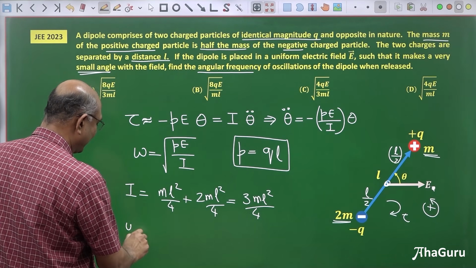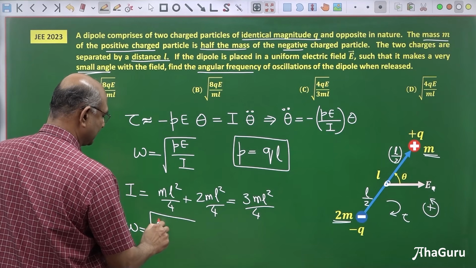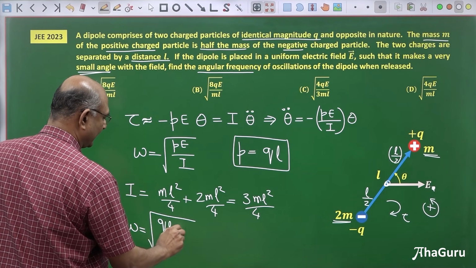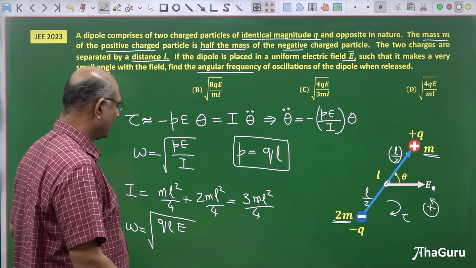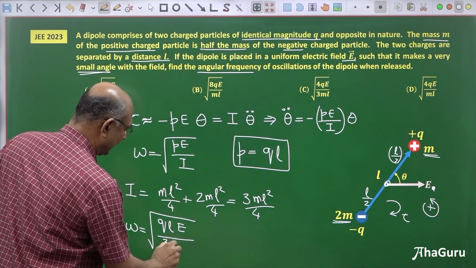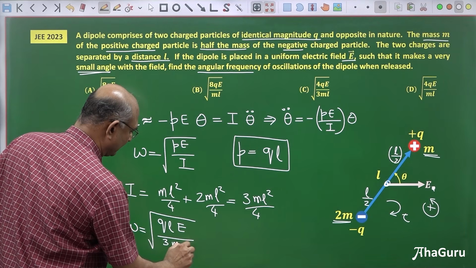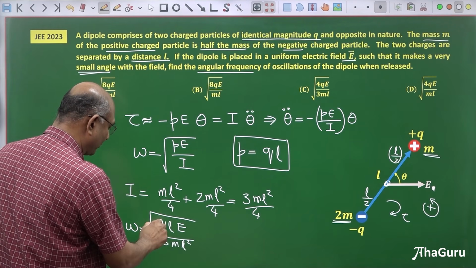So let us calculate omega. Omega is root of P into E, which is QL into E, divided by I. Divided by I is 3 ML square by 4. So by 4, I'm going to take the 4 up there.